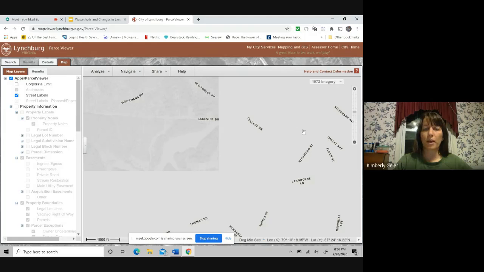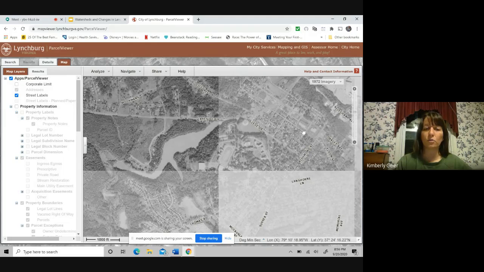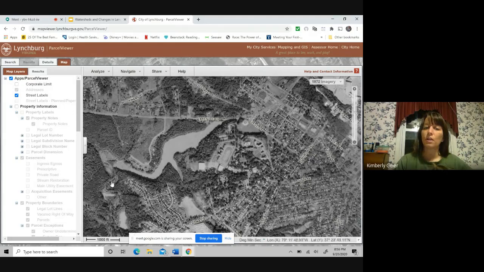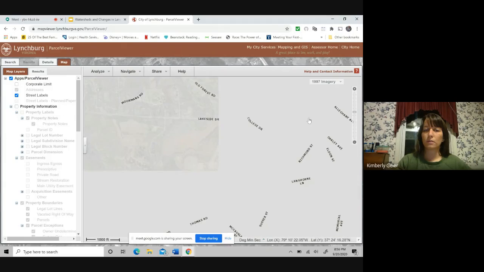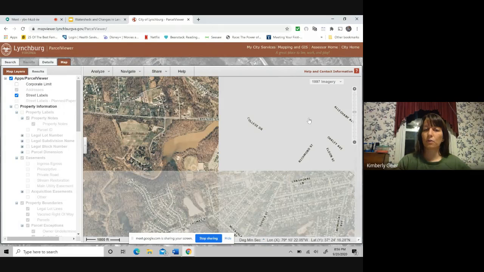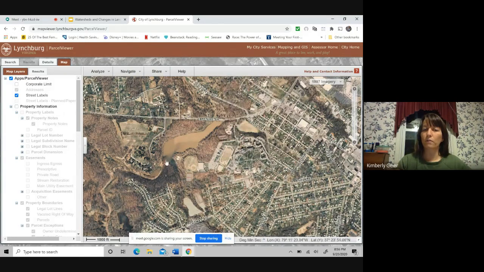Let's zoom ahead to 1972. Already in 1972, this part here is not as much of a lake as it was. There's more campus as well. 1997, we've lost all of this lower part of the lake.